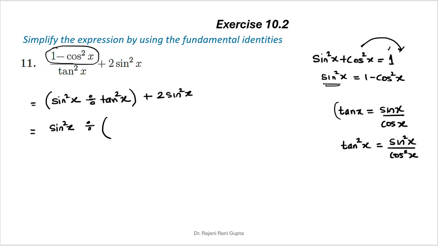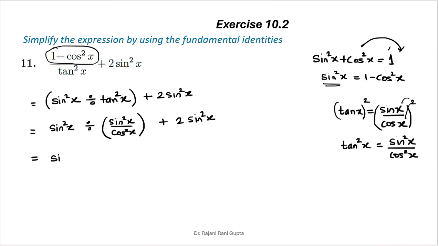Because understand this, you are making power 2, so you should make power 2 of both. And you have studied the rule of exponent: this power 2 moves with the terms. So this gives you sine square x over cos square x. And this side, no change, it's the same.